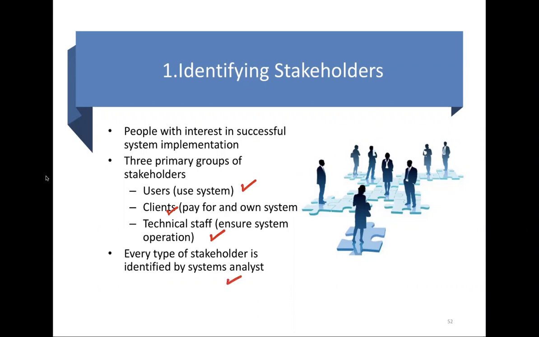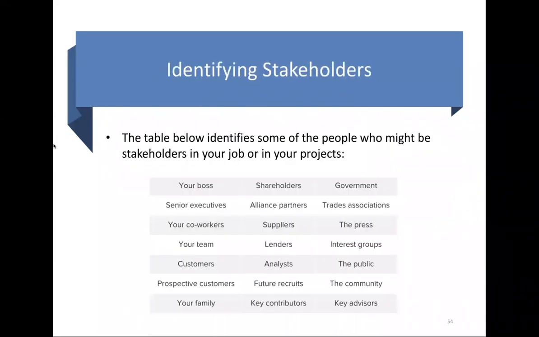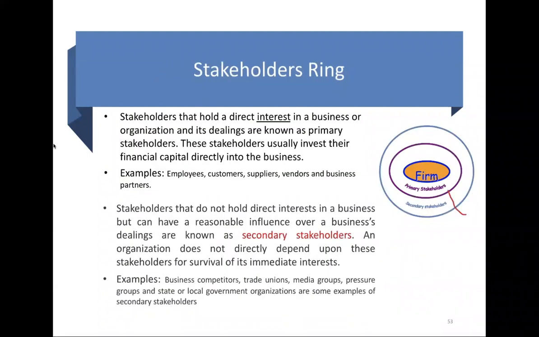Techniques that can be used to identify stakeholders include the stakeholder ring. What is a stakeholder ring? It is a partitioning scheme that we use to identify both the primary stakeholders and the secondary stakeholders. So we could identify priorities of stakeholders based on their interest, whether it is direct or indirect to the business.